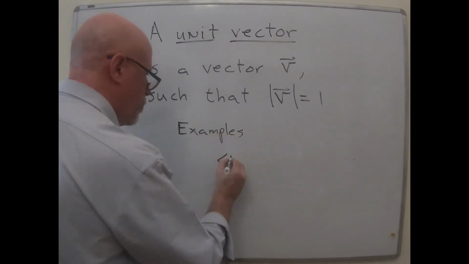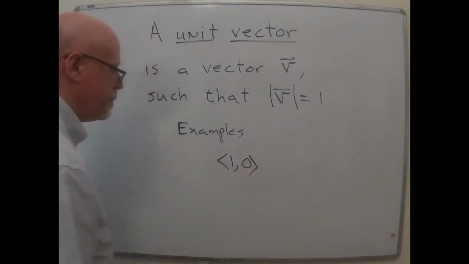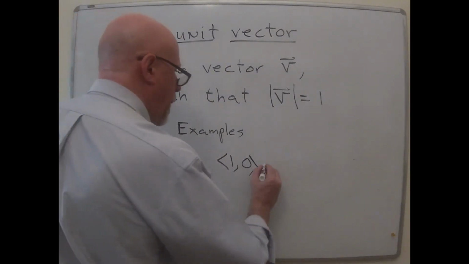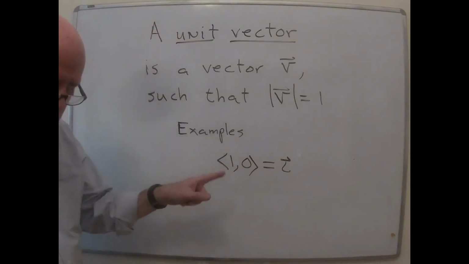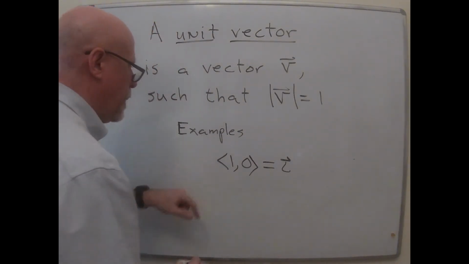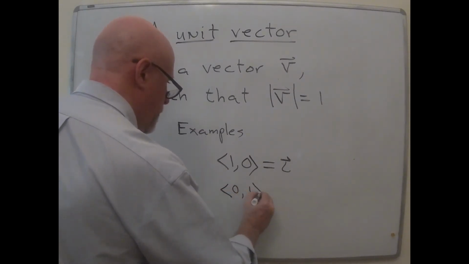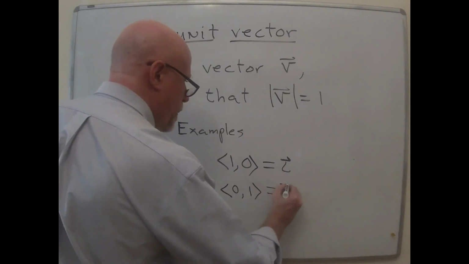The vector that goes 1 in the x direction and 0 in the y direction. That actually has a name. People call that i, with a vector hat on it, so it's not like the complex number i. And the vector that has the 0 and the 1 switched, so 0 in the x direction, 1 in the y direction, that one is called j.